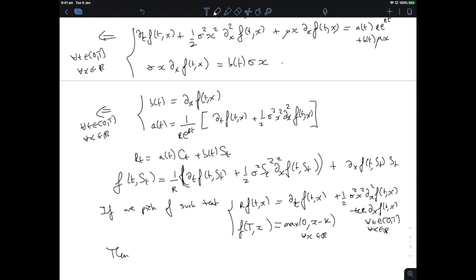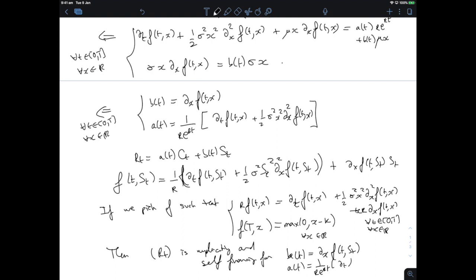Then we get that R_t is replicating and self-financing for B_t equal to ∂_x of f(t,S_t), and A_t equal to 1 upon r e^{rt} times ∂_t f(t,S_t) plus 1/2 σ² S_t² ∂_x² f(t,S_t). So, which is just rewriting what I had here.